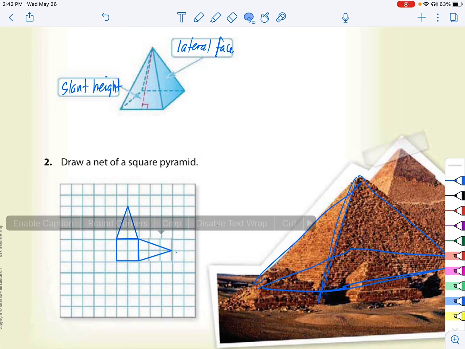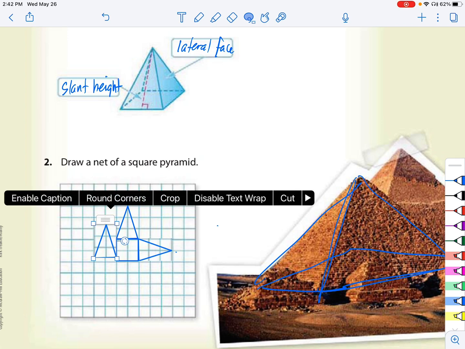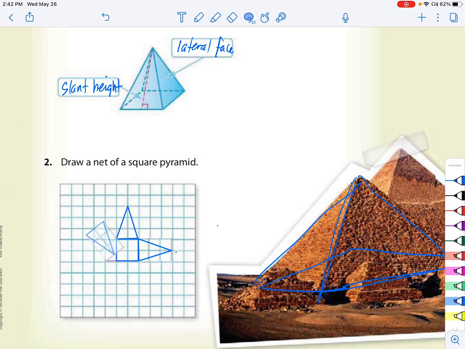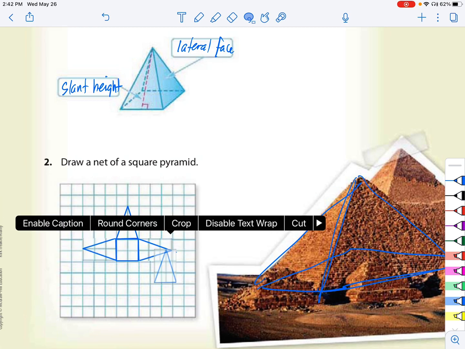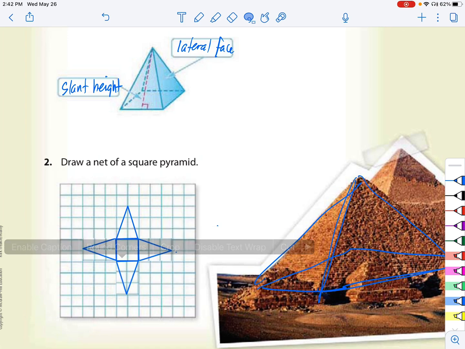Another lateral face. Let me paste it again, put that here, and then we're just going to flip it. There you go. And one more lateral face. Let's flip it and put it there. That is the net of our pyramid.